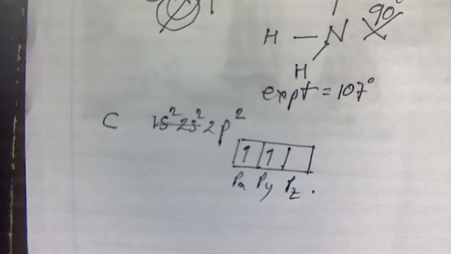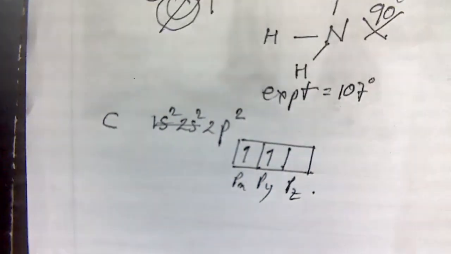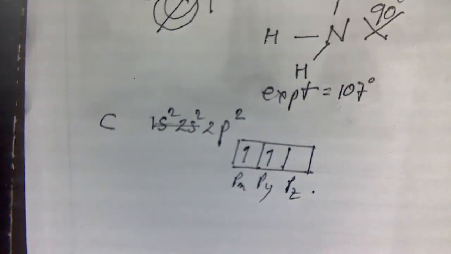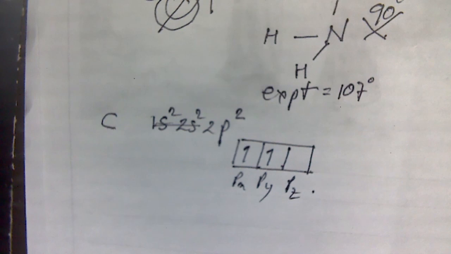But you all have already studied in class 10 also. What is the valency of carbon? The valency of carbon is 4. But here you are getting the valency as 2. So why you are getting this? This has to be explained.